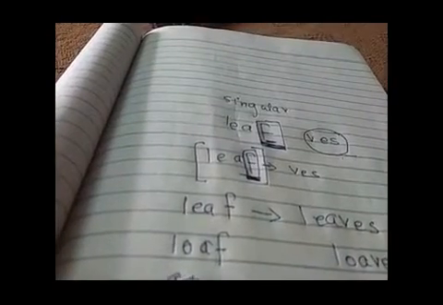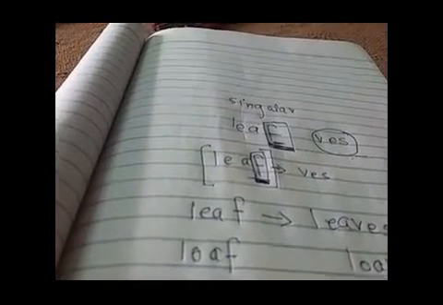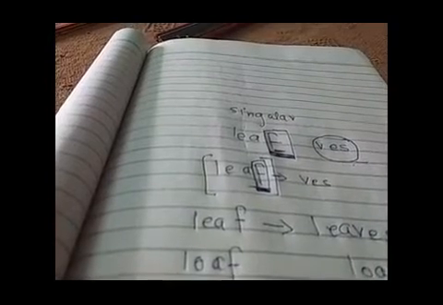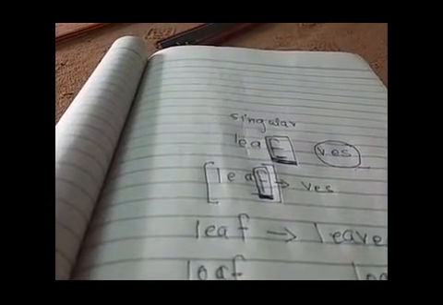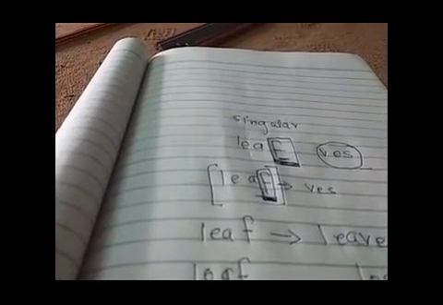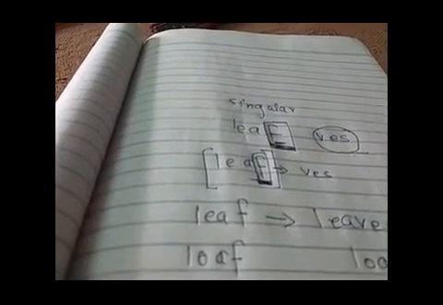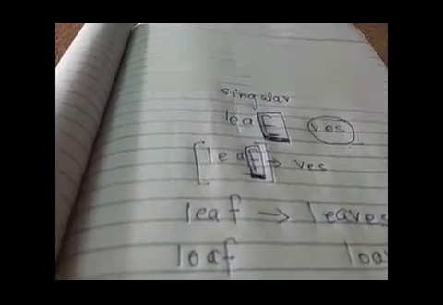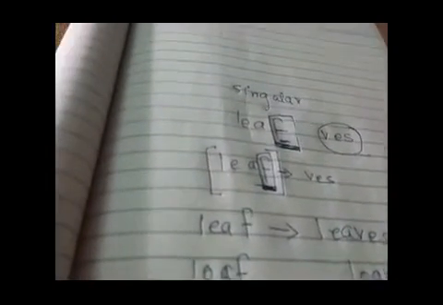Okay students, as I was explaining the rules, I was telling you where you have to put ves, es, ies or just simply s. These are some rules that we made to make it easier for ourselves, as at your level it is going to be difficult for you to differentiate where you are going to put ves, ies, simply s or es. So we have this rule, as I've explained earlier, that whenever f comes at the end of a singular word and you want to make it plural, f is going to be replaced with ves.